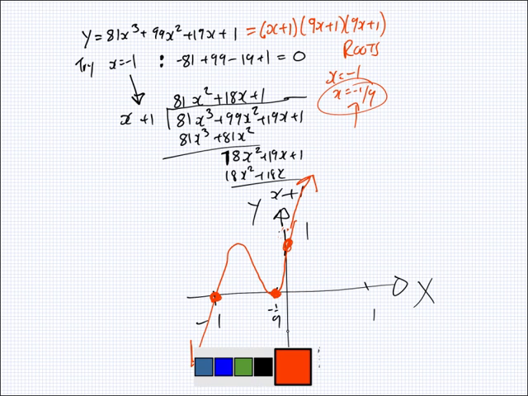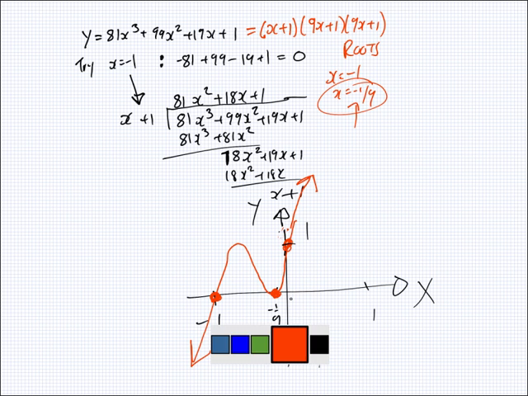Okay, if you can copy that one down, so that would be minus 1 there. Okay, you got that? Yeah, okay.